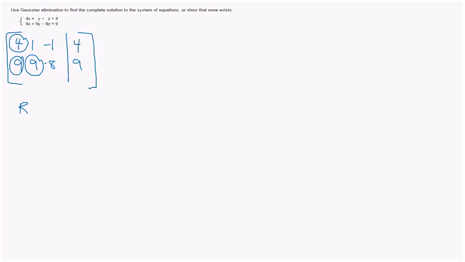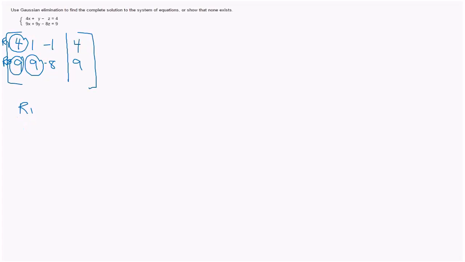What am I going to do to row 1? I can't switch row 1 for row 2. Remember, this is row 1 and this is row 2 because of that 9. What I can do, if I want to change this 4 into a 1, is divide everything in that row by 4.